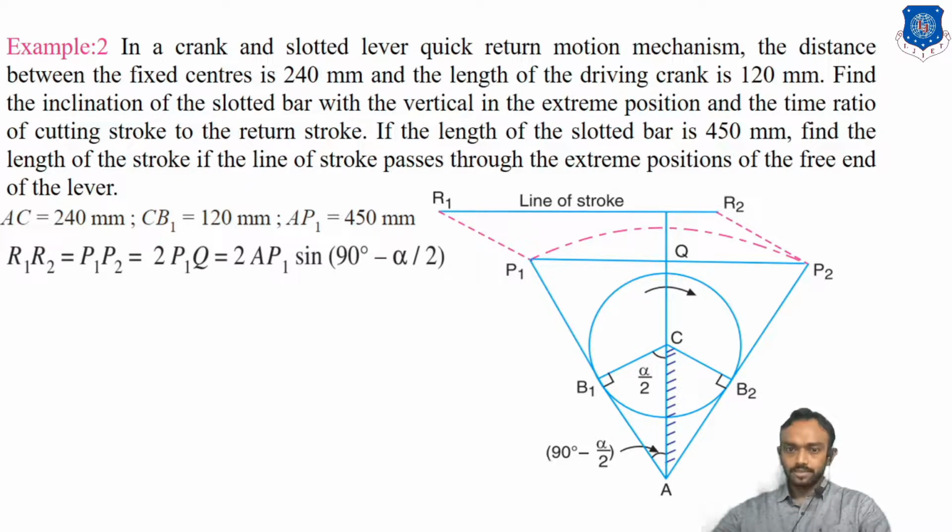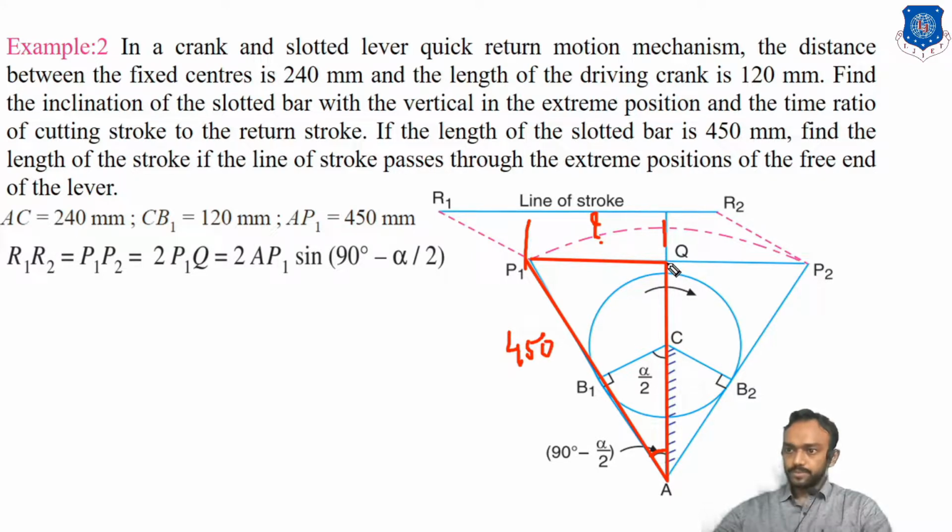So check this, in this triangle you already know this angle. So this distance we want to find, and this distance is already given, this is the 450.